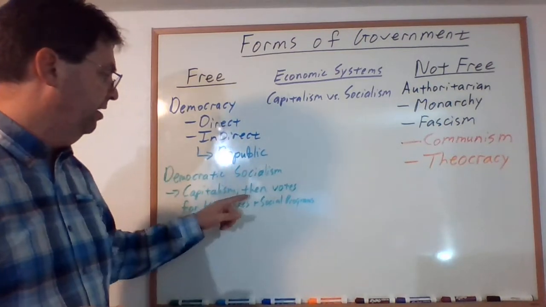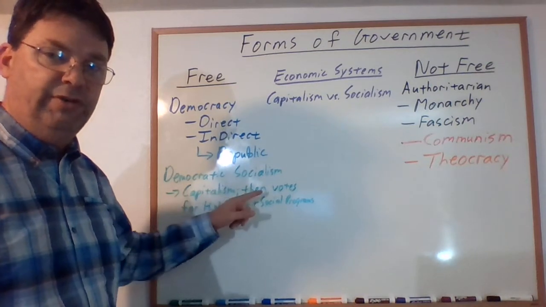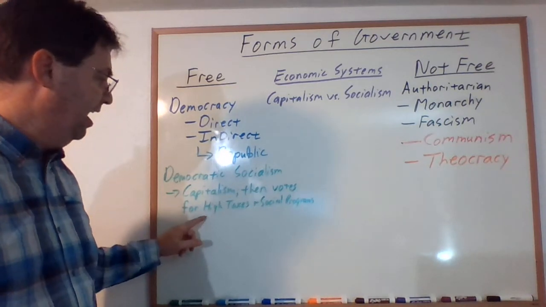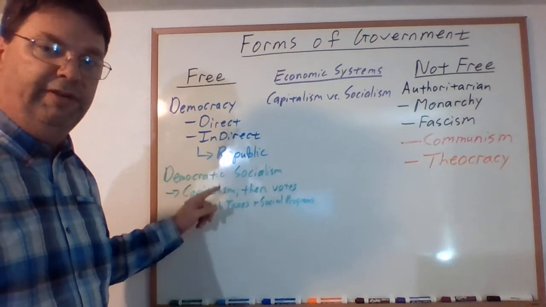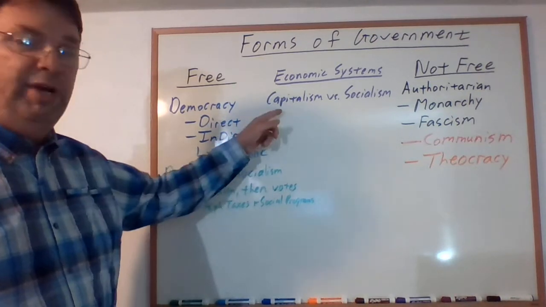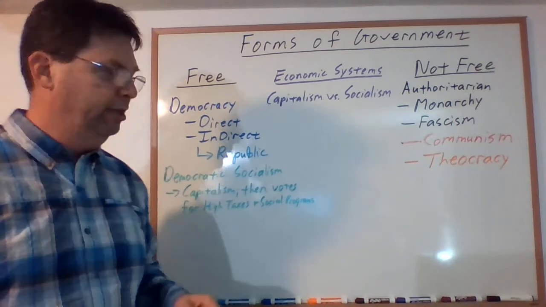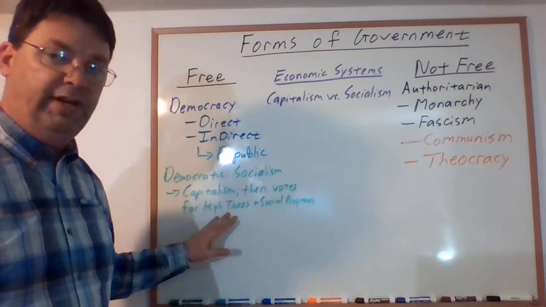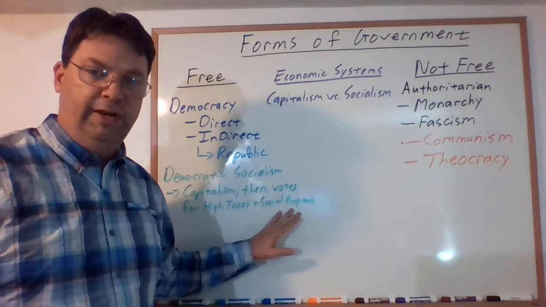What happens then is the people have voted democratically. They have chosen to have very high taxes. So those countries are free. They're free to vote. They're free to own, buy, sell, and exchange goods and property. They have a capitalistic system. What they do is they just voted for very high taxes, and then they spend them on social programs.